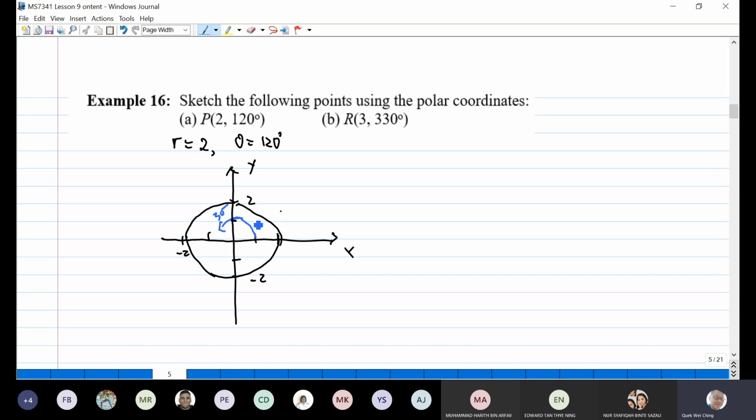This is 90. So 90 degrees, then 30 degrees. So the total is 120 now. So let me write properly. This is 30 degrees, the other 90 degrees. So altogether it is 120 degrees now.